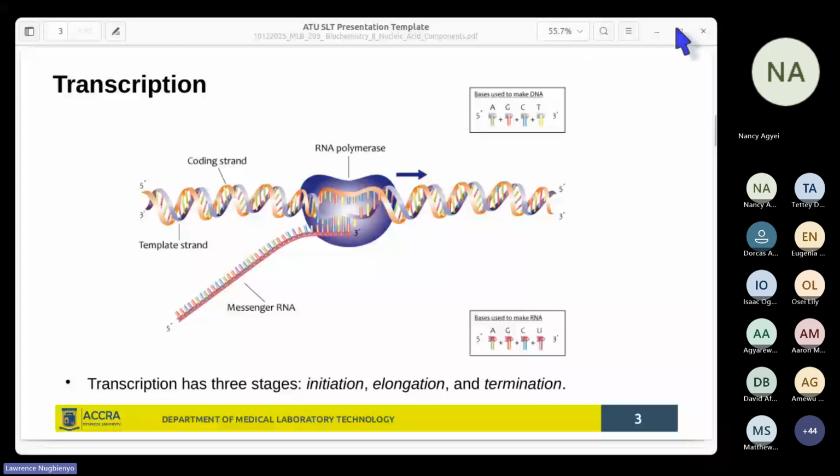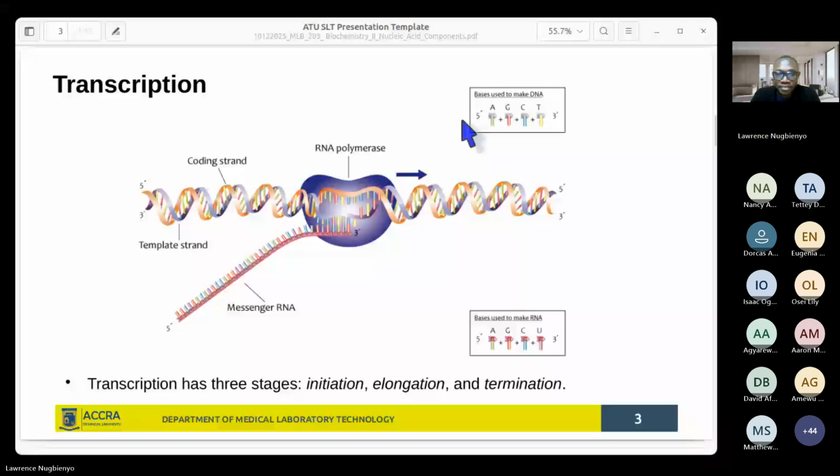transcription in animation. So transcription is the process of the production of a messenger RNA in the nucleus from the DNA.